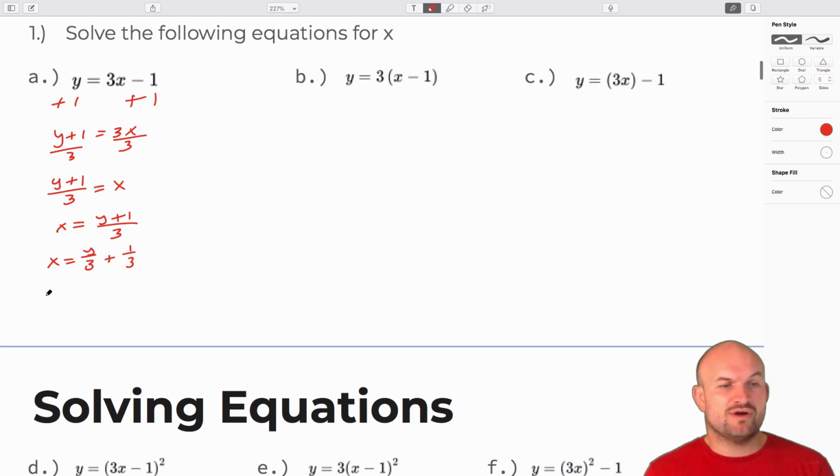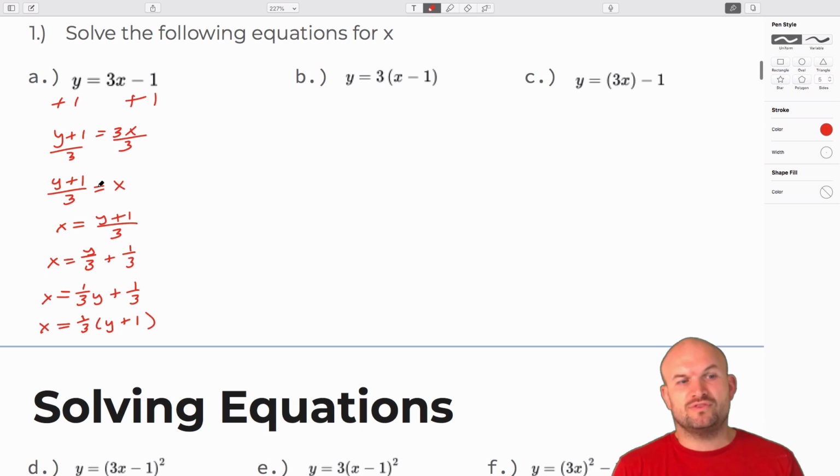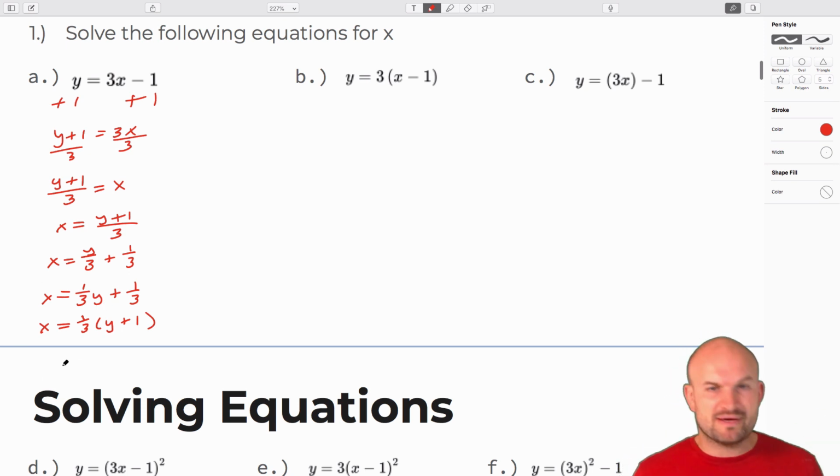We could also rewrite this as 1/3 y plus 1/3, or we could actually factor that out. I spent a little time with that because a lot of students, when doing multiple choice problems, will get stuck and get this as their answer and won't realize they have the right answer available to them. They just don't know what it is.